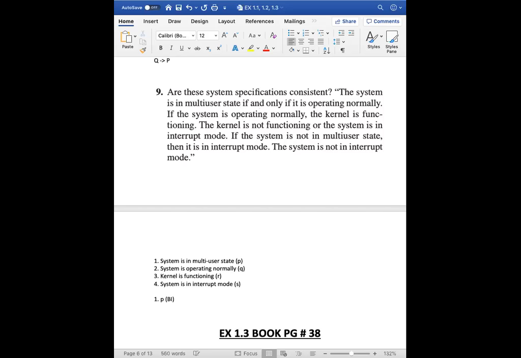This is a very strict condition, so we need to use the biconditional: P biconditional Q. This statement will be represented using P biconditional Q.